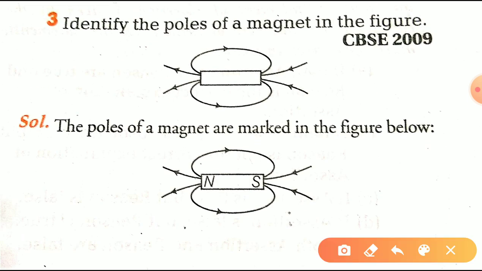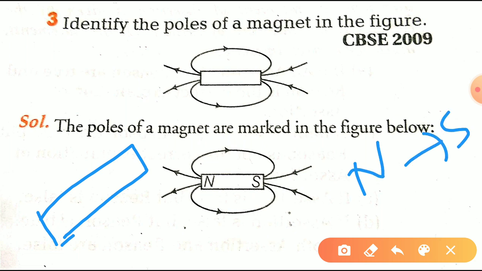Identify the poles of a magnet in the figure. It is asked in 2009. So now how you will define which is north pole, how you will define which is south pole. So already we know, suppose this is a bar magnet, and we should remember that always the flow will be from north to south.